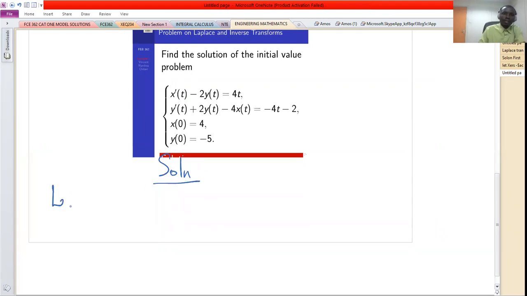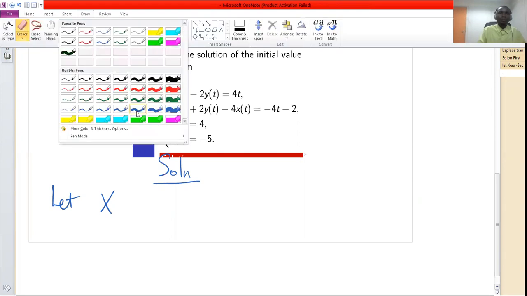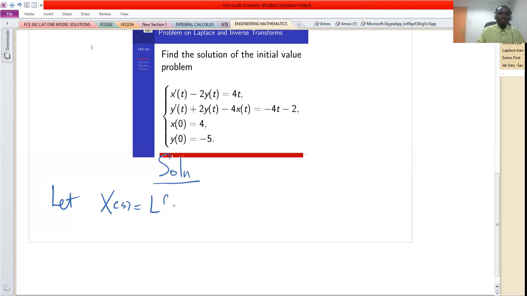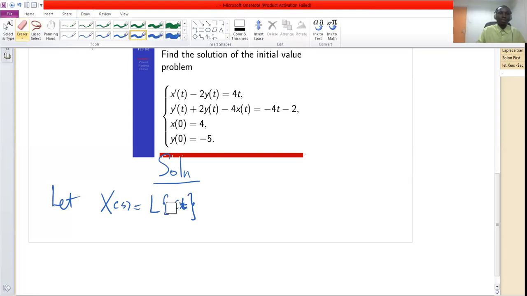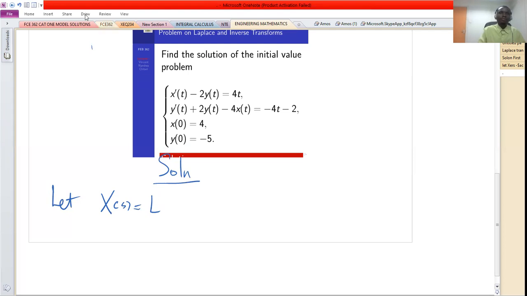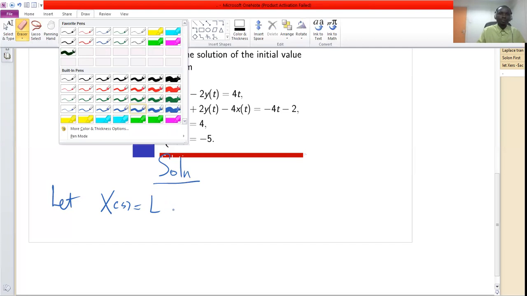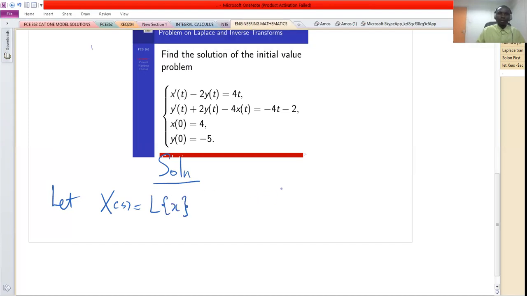The first thing, let capital X of s be the Laplace transform of x of t, and let capital Y of s be the Laplace transform of y of t.